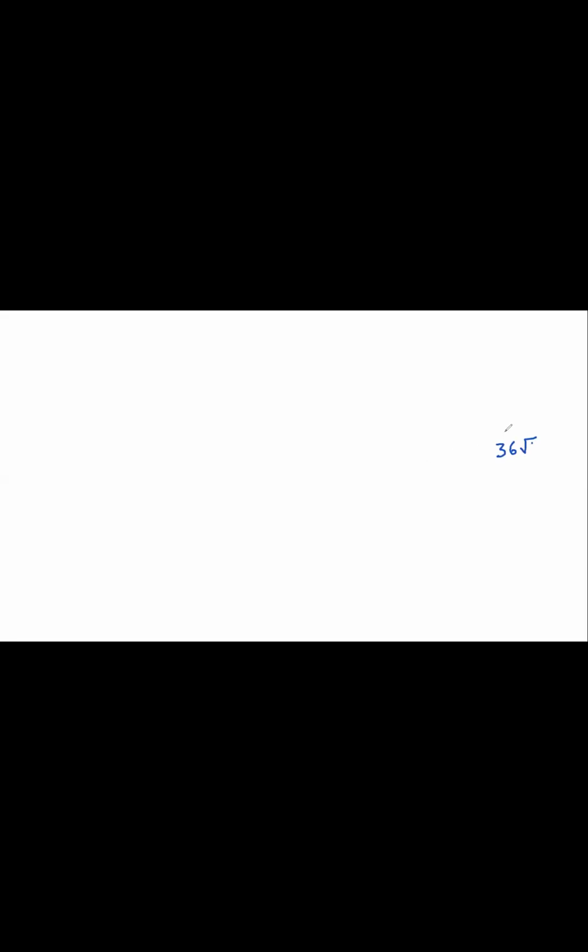A simplified surd means that you can't go beyond that point. What you have remained with, you can't go beyond it, unless the question tells you they want it in a particular form.